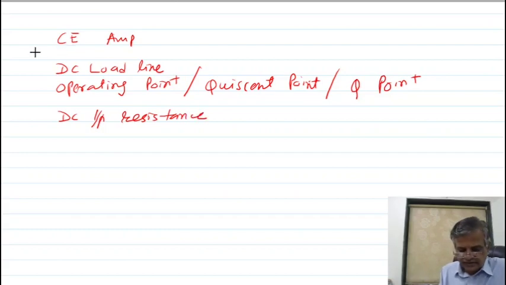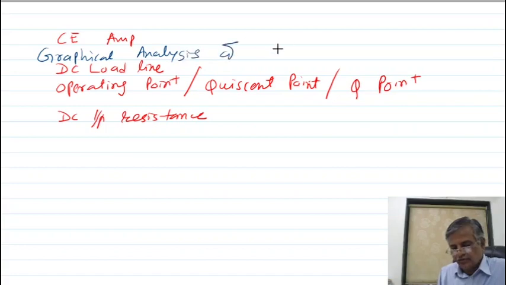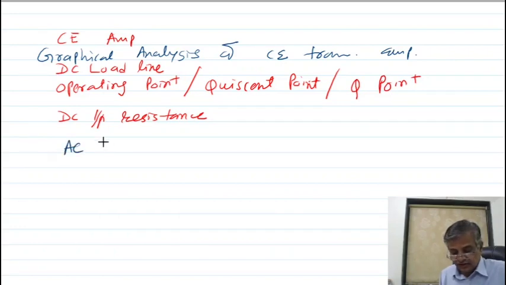This we are discussing under the title of graphical analysis of common emitter transistor amplifier circuit. Then we'll see its AC load line.